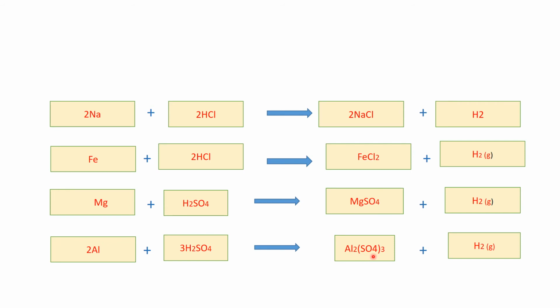And for balancing the equation, you can see Al2 here, so you can write 2 here, and SO4 thrice here, so you can write 3 here, and even you can write 3 in front of this H2 to balance the equation. Here 3 will be written.